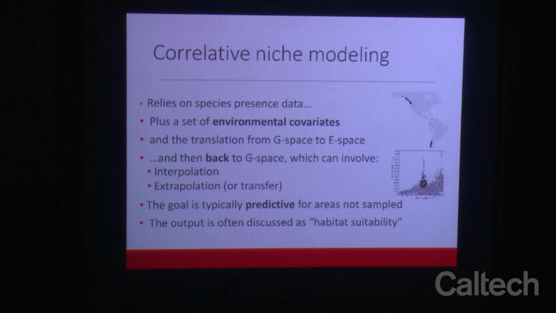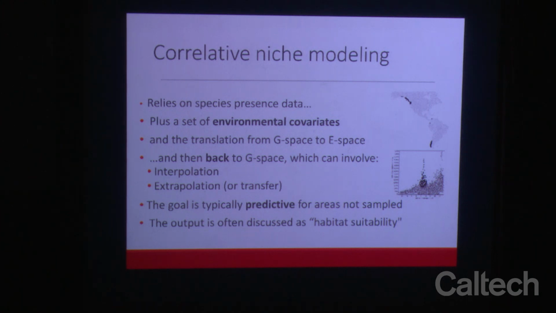The approach most commonly used in terms of species distribution modeling are these correlative niche modeling approaches. This relies on species presence data plus a set of environmental covariates, and is really about transforming from that knowledge about species presence and the covariates, the conditions where that species was found, to be able to translate from that geographic space to that environmental space.